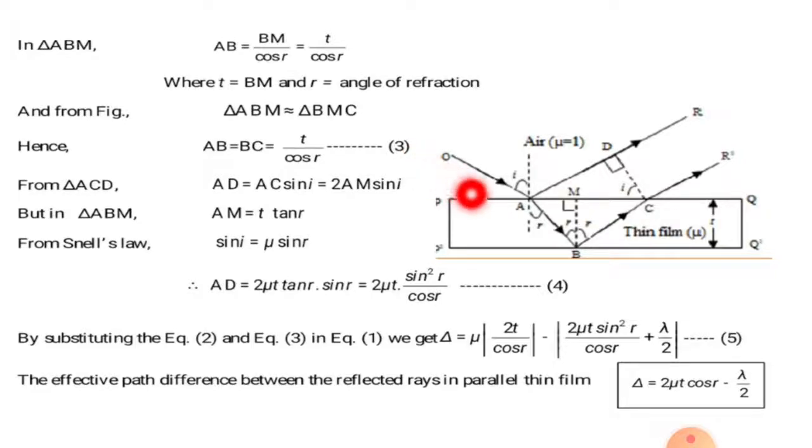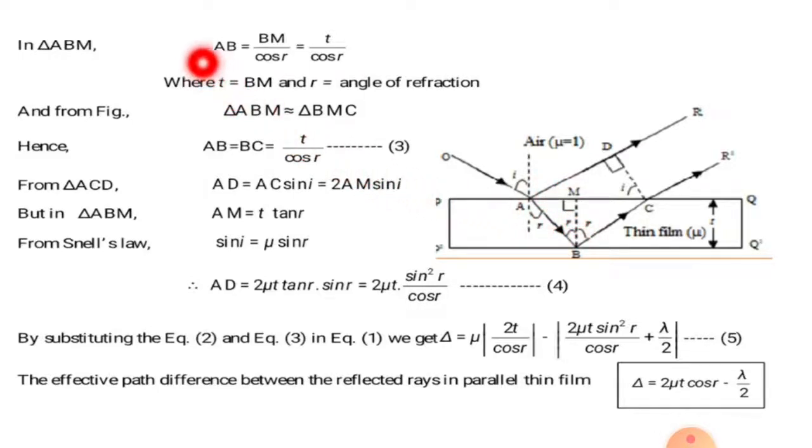From the triangle ABM, to find the value of AB, apply the cos R function to this triangle ABM.